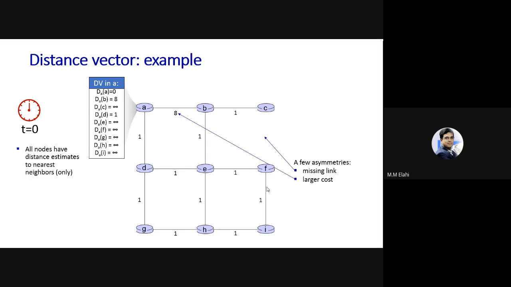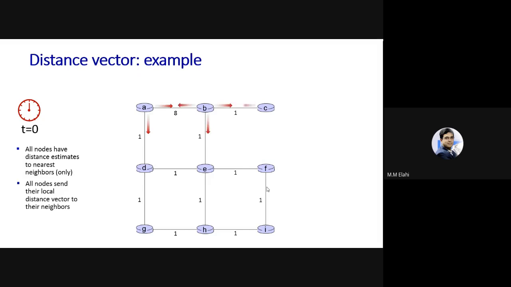Then it receives an update from D. It will check, is there any update so that I can get a value to B less than 8, right? If it gets a new value less than 8, then it will change its table. Definitely, that is the idea of a routing table. So that is what will happen in the next step.